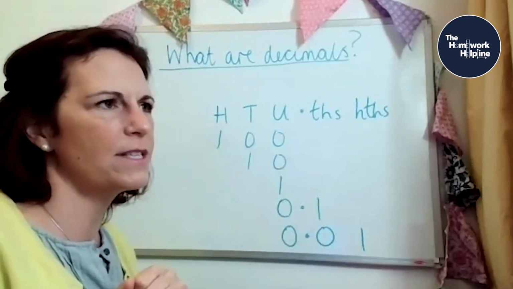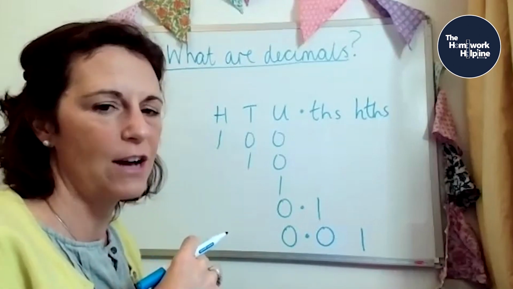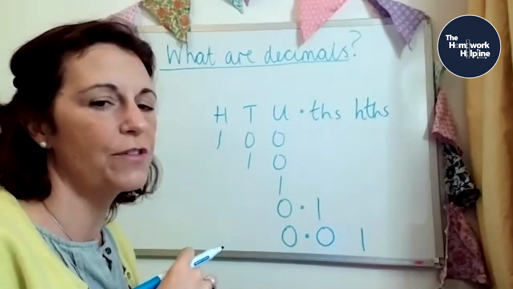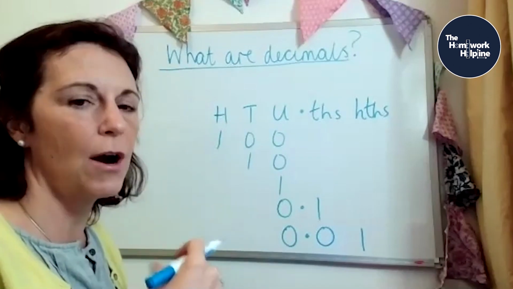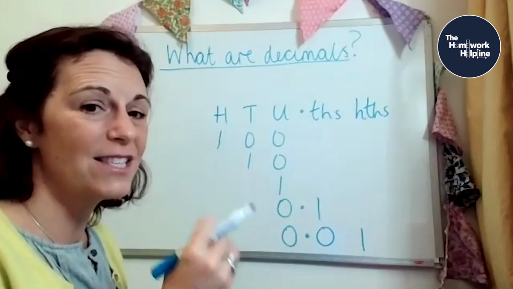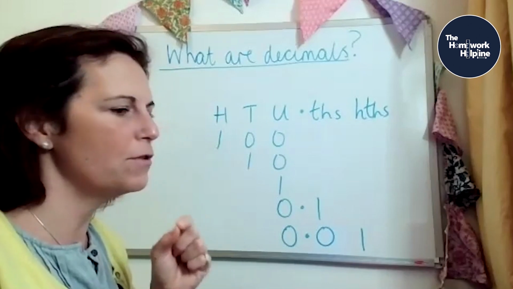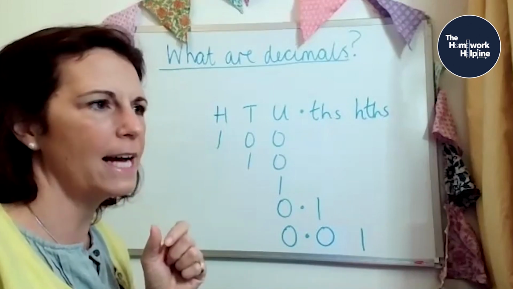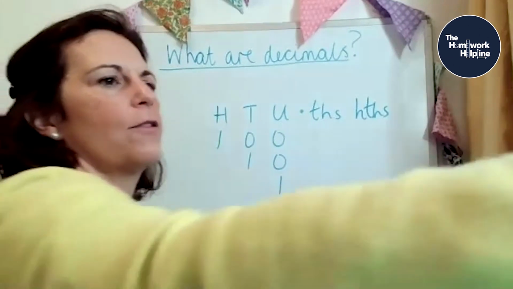Now, one of the common misconceptions here is because 10 tenths sounds like 10 and hundredths sounds like 100, you imagine that hundredths are bigger than tenths. They're not. They're 10 times smaller. The best way to remember this is to look at a ruler. I've got a ruler just here.